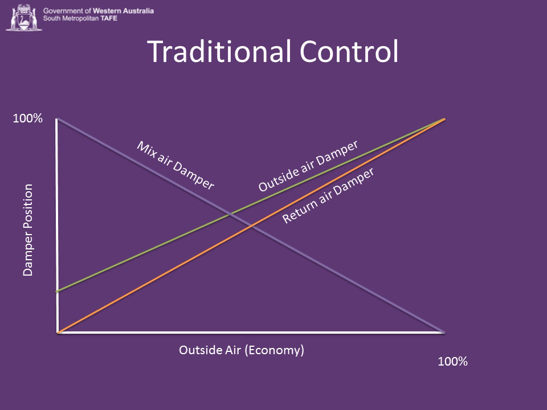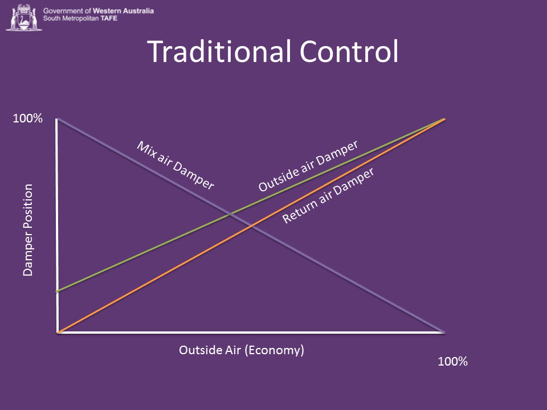Next problem. We have a separate output and control the dampers appropriately, but we make this assumption that the dampers are linear. In other words, we assume that when you open a damper 50%, you get 50% of the airflow through it. Well, that's not true. That is definitely not true.